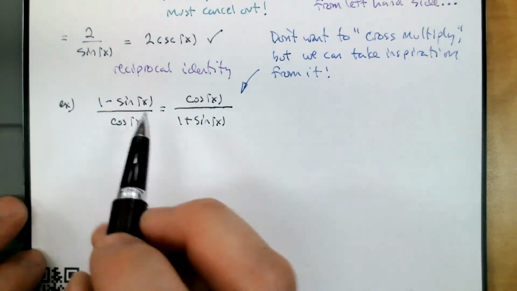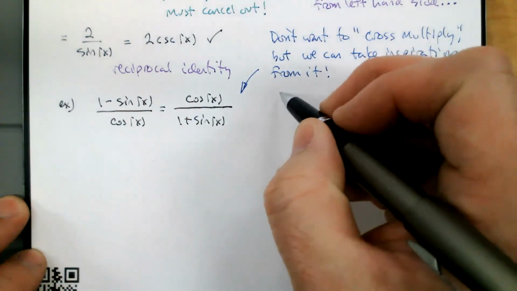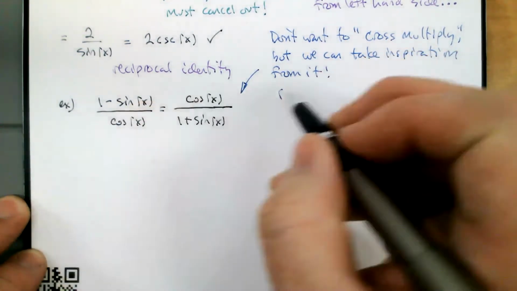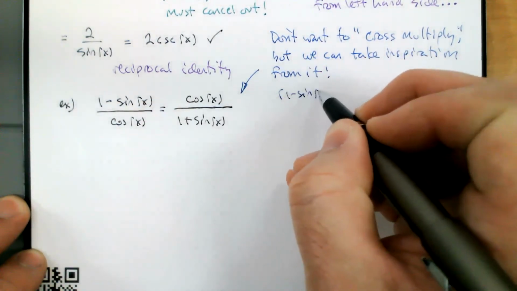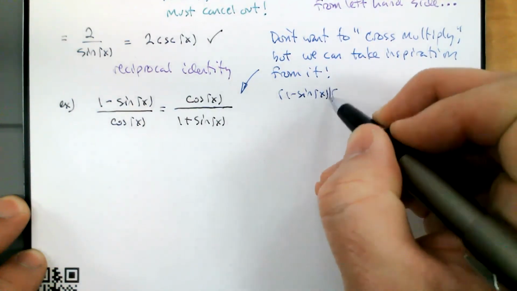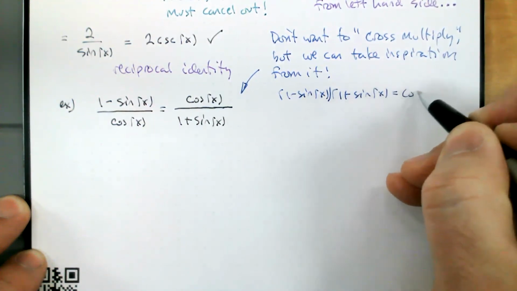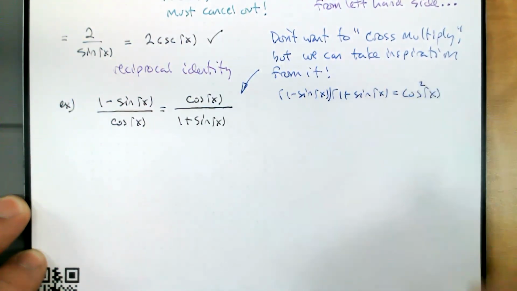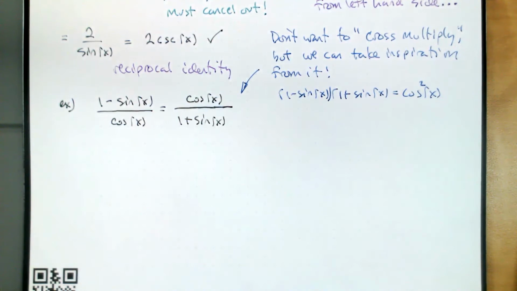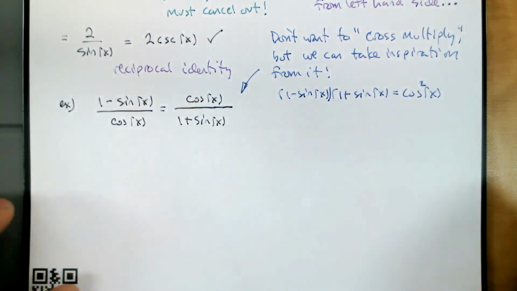What I mean is that we could do 1 minus sine x times 1 plus sine x is cosine x times cosine x. This will show us what's going to happen in this problem, and then we can just think about how to make that happen.